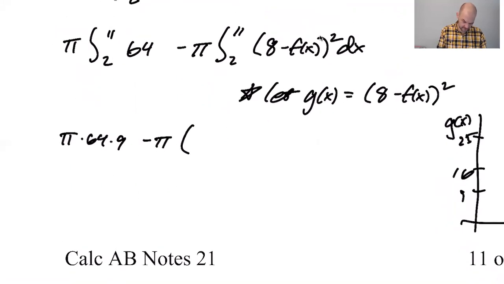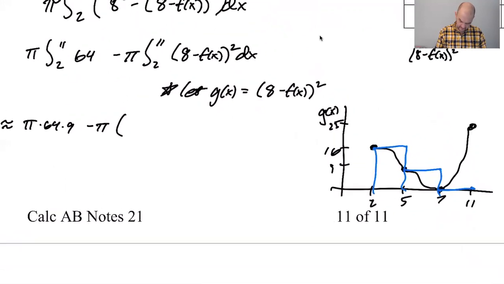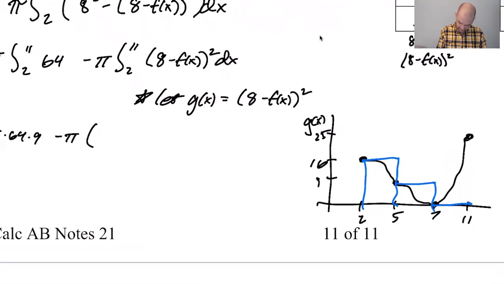This is an approximation. All right, so from 2 to 5 is 3, and the height is 16. From 5 to 7 is 2, and the height is 9. From 7 to 11 is 4, but the height is 0 because we're doing a left Riemann sum.